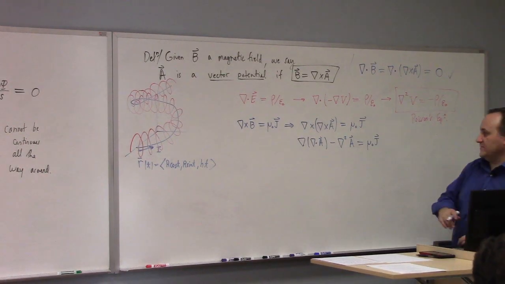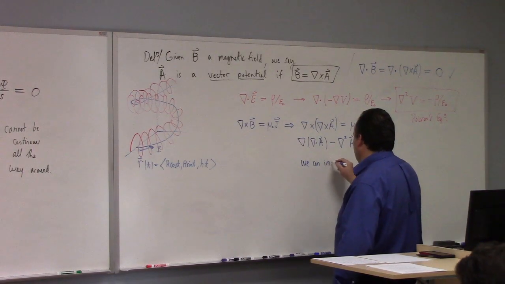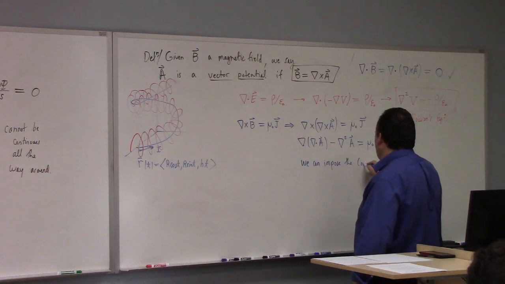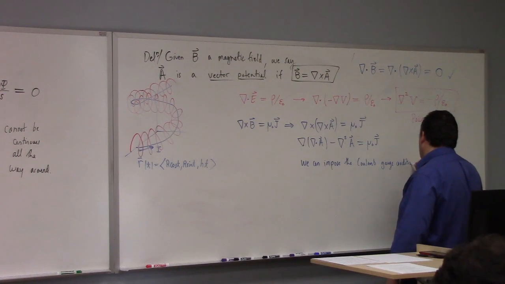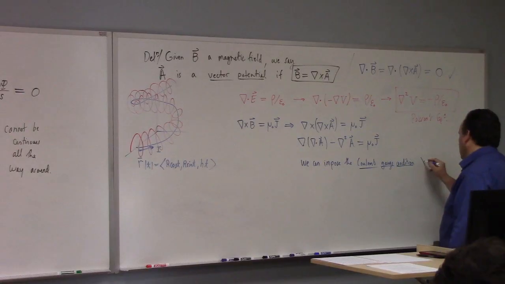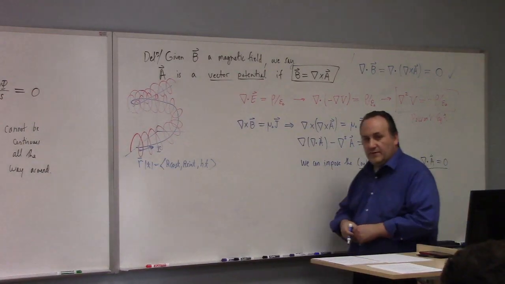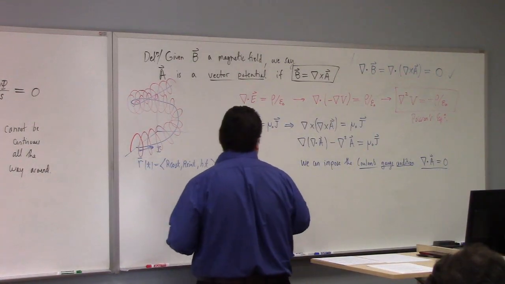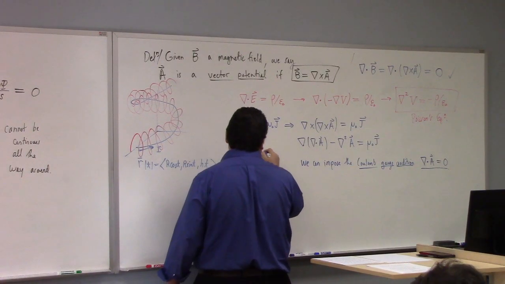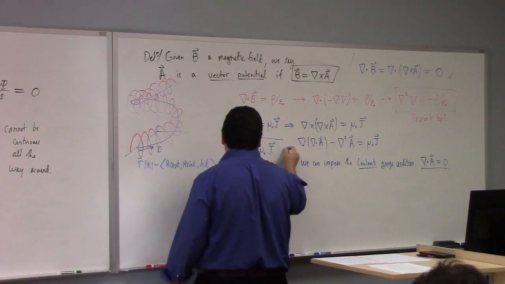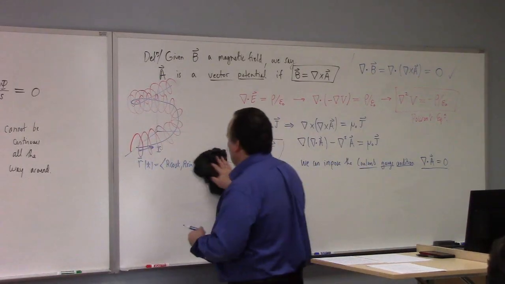But something amazing happens here. We can impose the Coulomb gauge condition. The Coulomb gauge condition is simply the assumption that the divergence of the vector potential is 0. If we impose that condition, then what that gives us is simply that the Laplacian of A is equal to minus mu naught times J. So what does that mean?